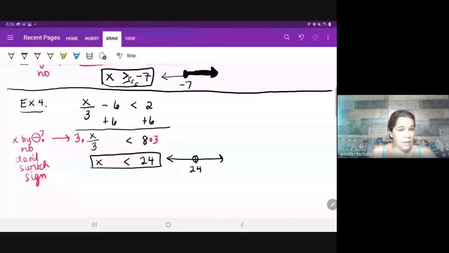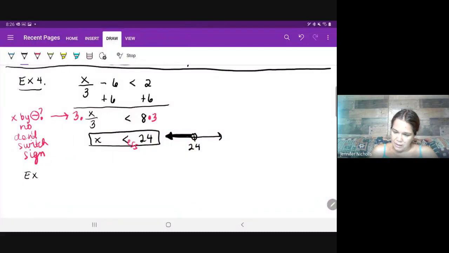Open circle. And you can write stuff other people wrote. Yeah, and that's okay. Okay, and then this is a less, right? So which way is this? To the left. There you go. Perfect.